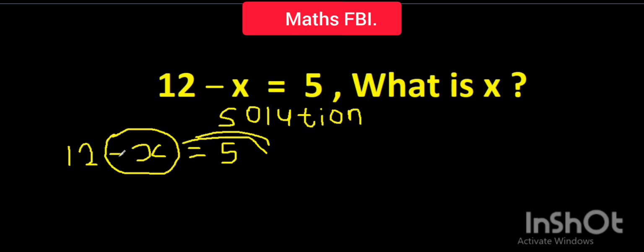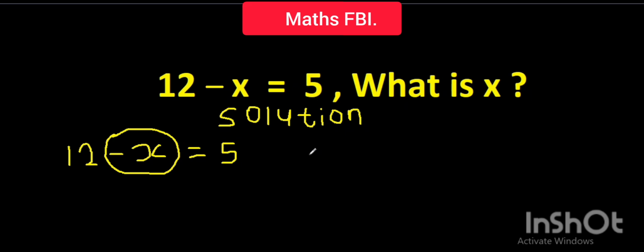As you can see, this x has a negative sign. As soon as it crosses this equal sign, this negative sign turns plus.